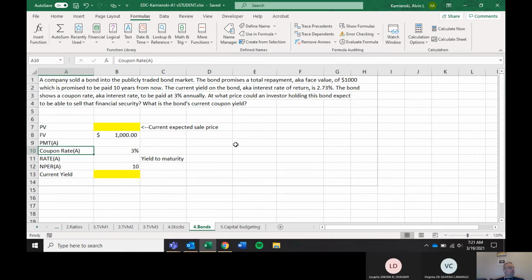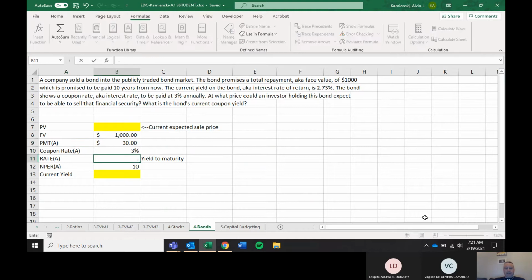So if you just went to a bank and you deposited, for example, $1,000 and you earned 3%, how much would you expect to receive as your payment? $1,000 principal multiplied by your 3% rate says you should expect annual payments of $30.